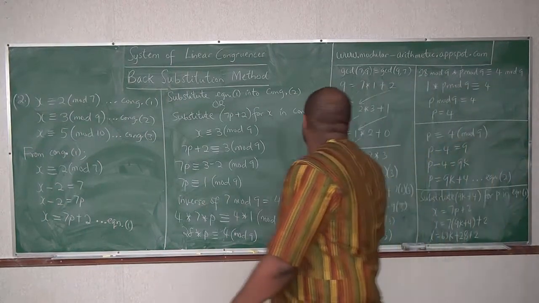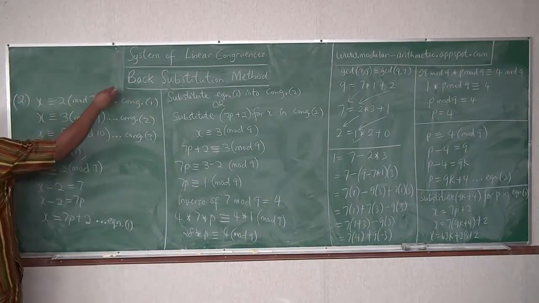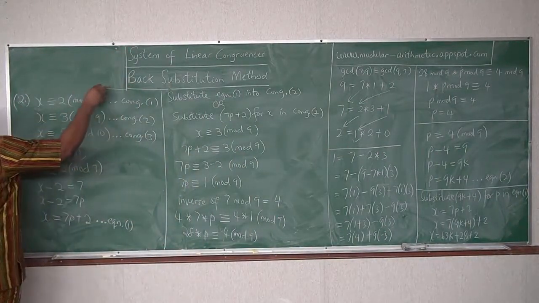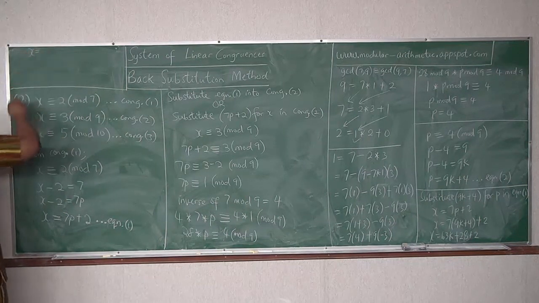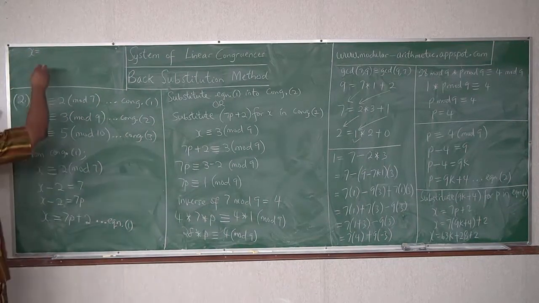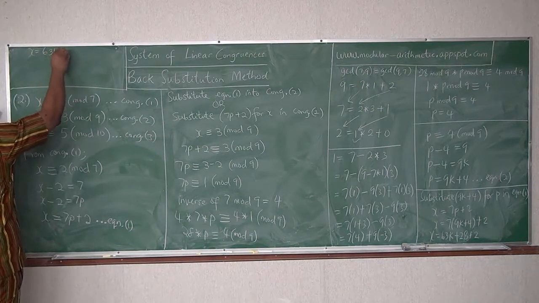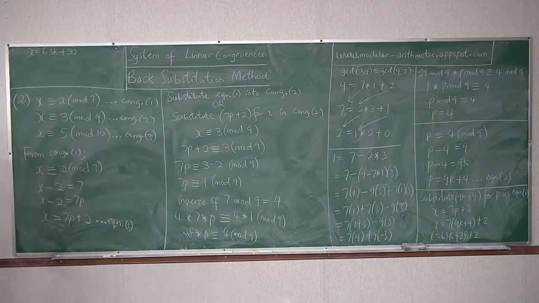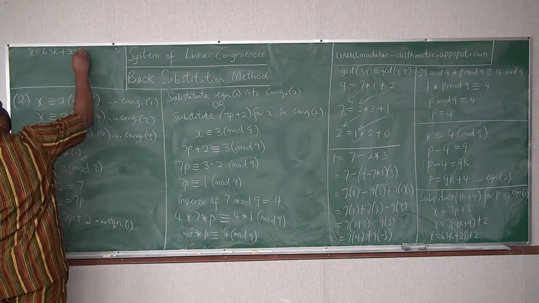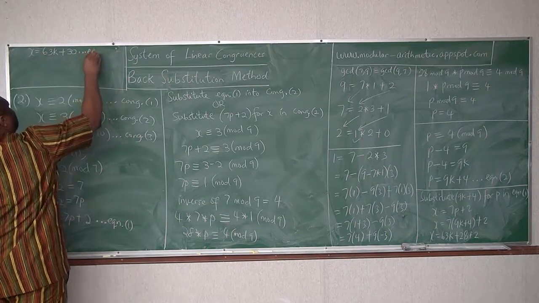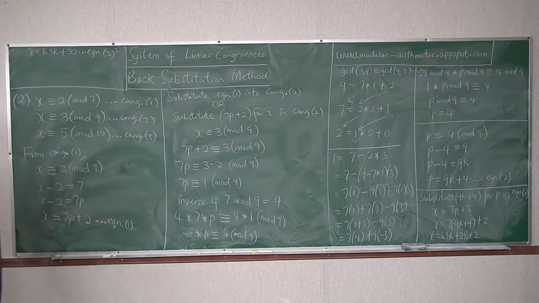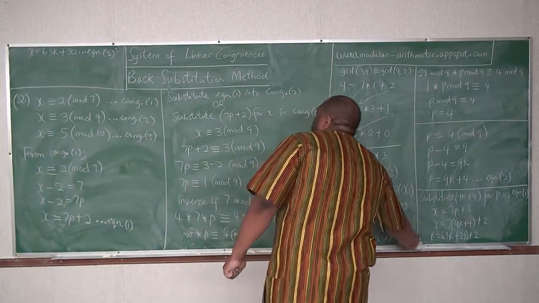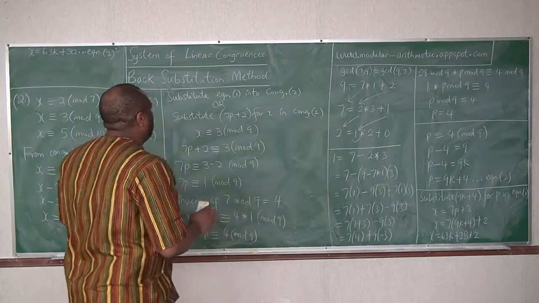So our x is now 63k plus 30. And I will call this equation 3.